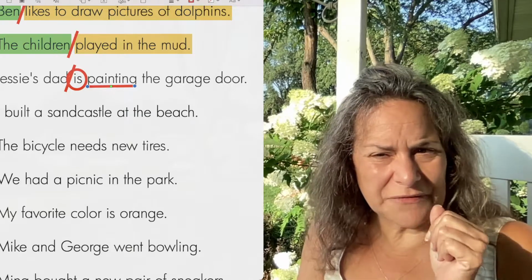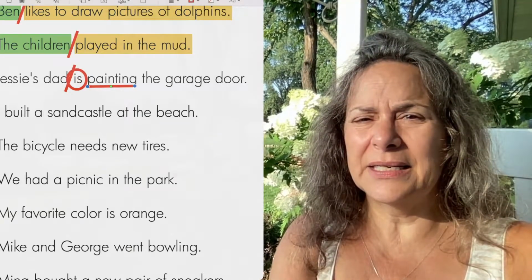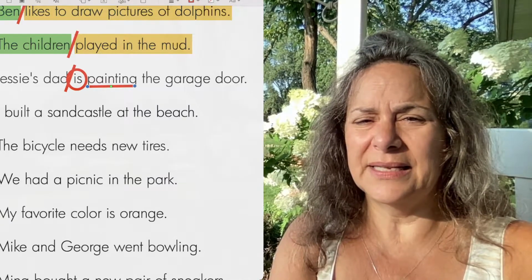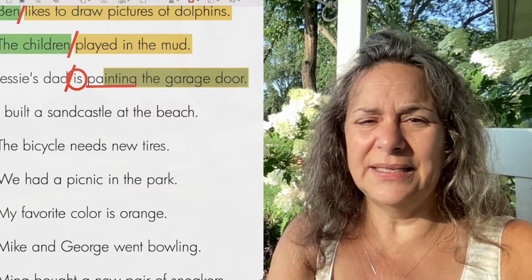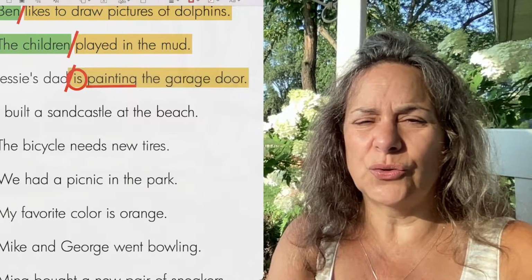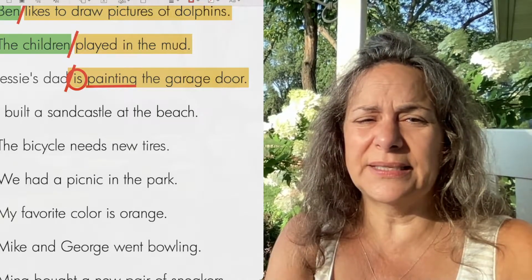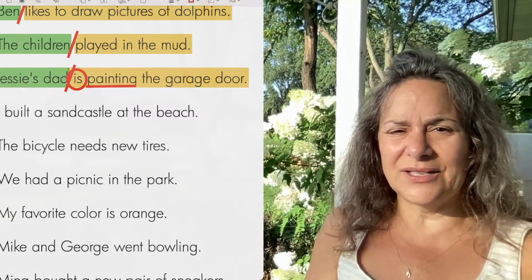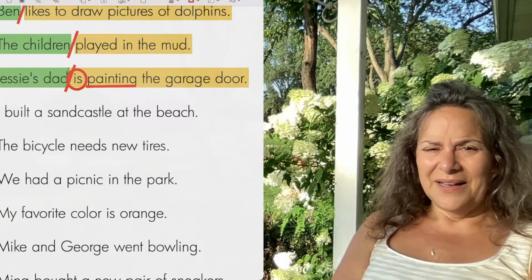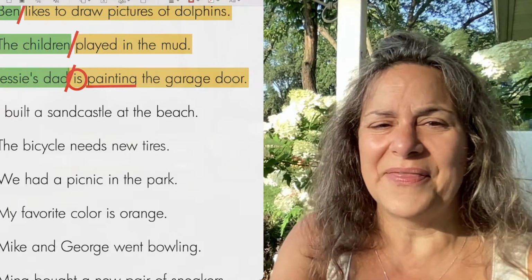Because we have to identify the verb in order for us to identify the complete predicate. And the complete predicate here is painting the garage door. Who's doing the action? Is it Jesse? No, it's Jesse's dad who is doing the action. Very, very good. Excellent job on that.